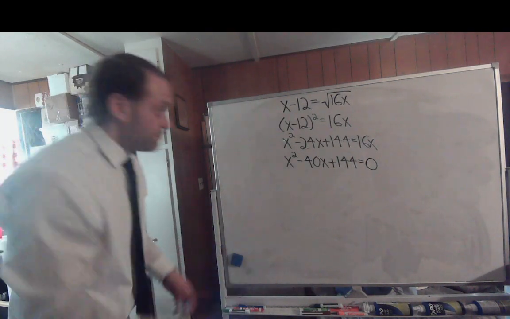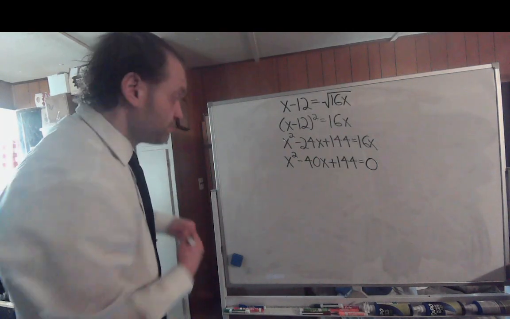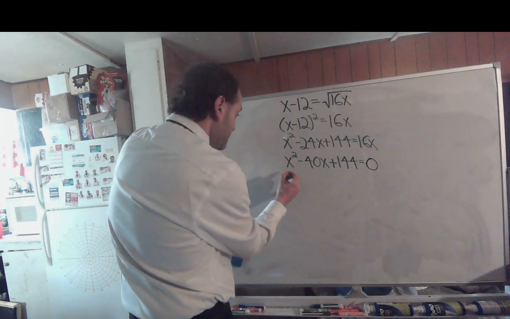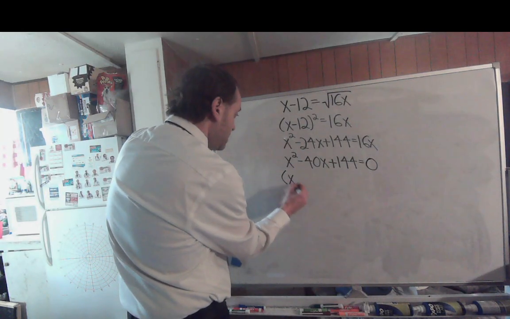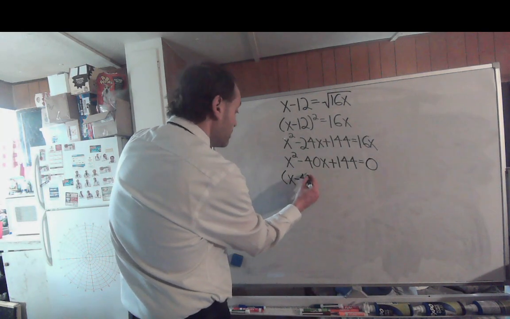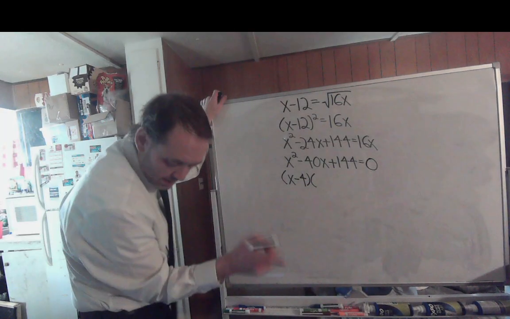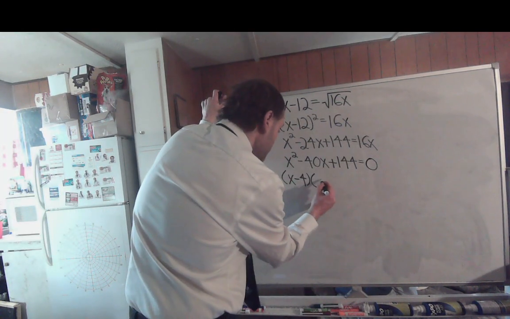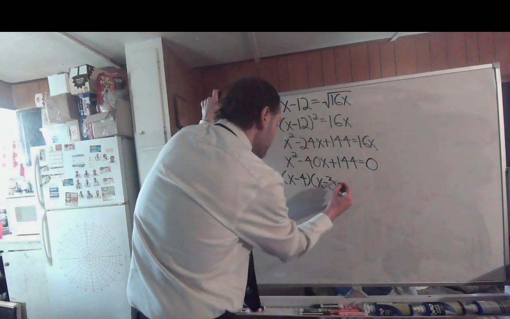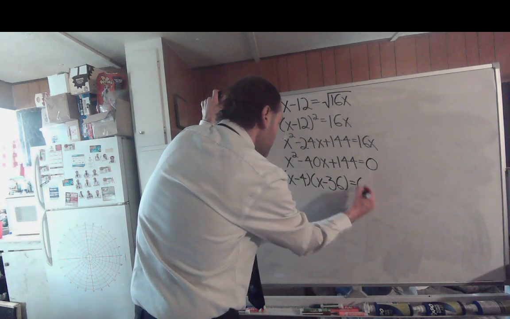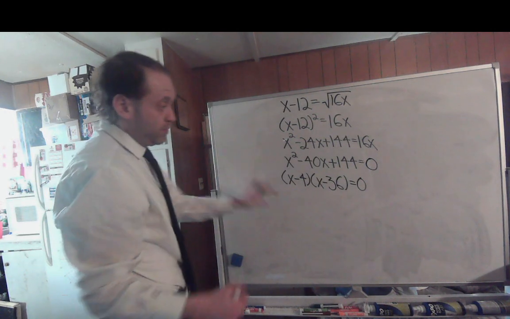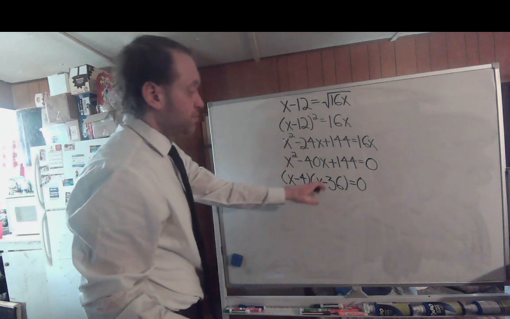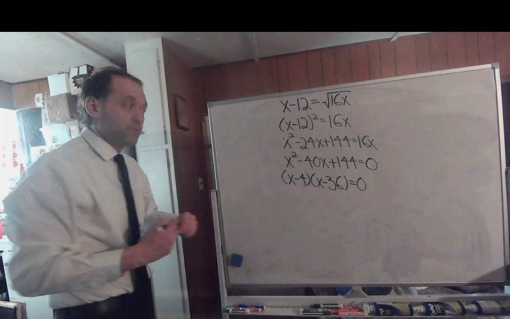Yes, you actually have 4 and 36. So this would turn into the quantity x minus 4 times the quantity x minus 36 equal to 0. If you FOIL this out, you would get x squared minus 40x plus 144.